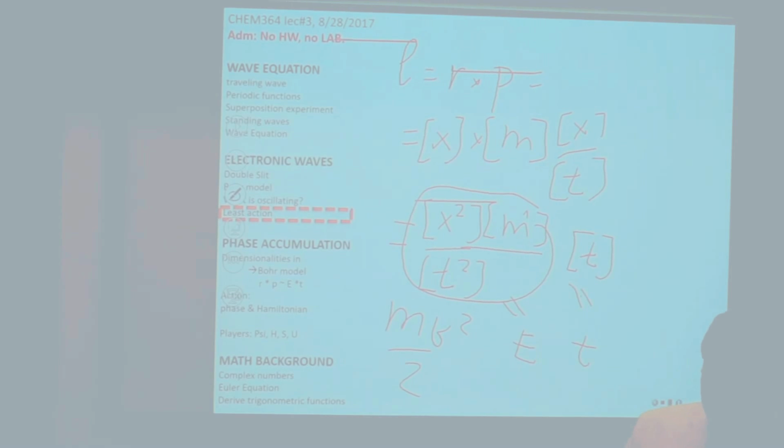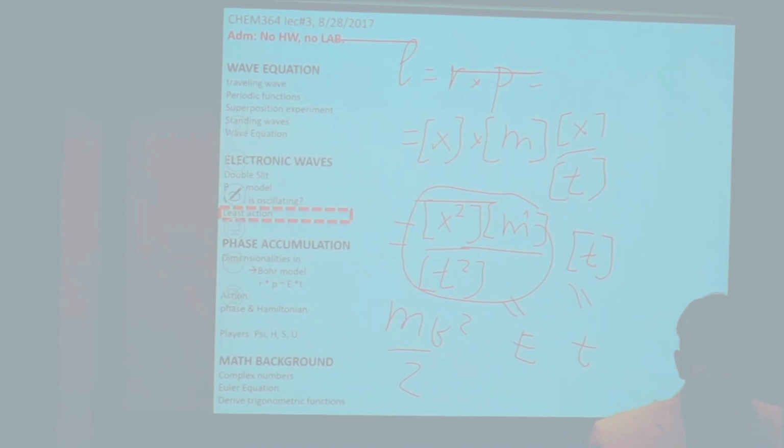So if a particle moves along trajectory, it accumulates action. But if you divide this action by Planck constant, it can be associated with the angle, you know, degrees or radians, that is also accumulated during the trajectory.